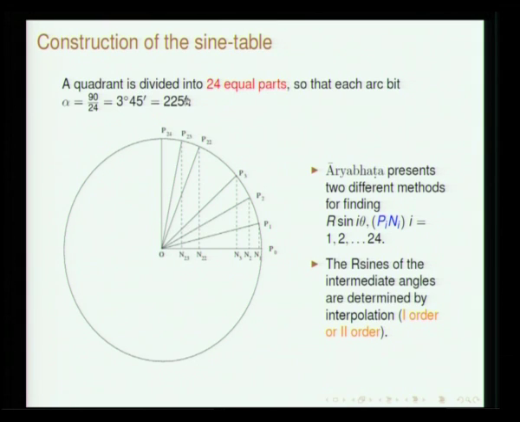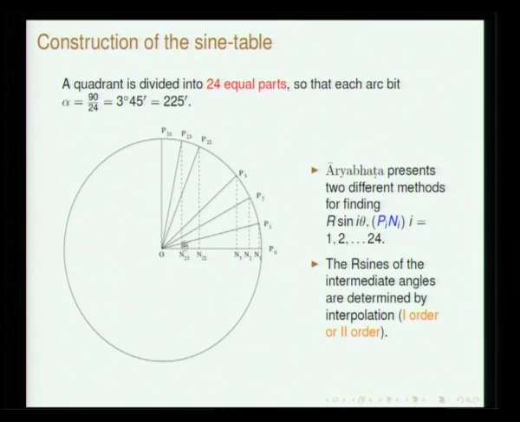So, what is it that we are interested in? We are interested in the chord lengths, which is basically sine, you understand. The projections shown here, P1 N1, P2 N2, P3 N3, are basically the sine. If you consider this right angle triangle O N2 P2, P2 N2 is basically sine.